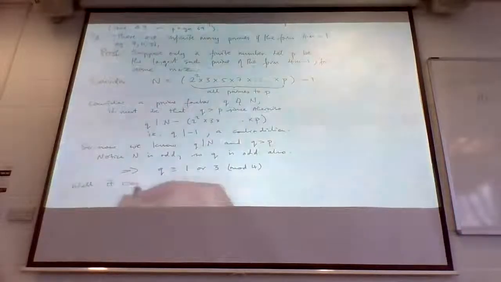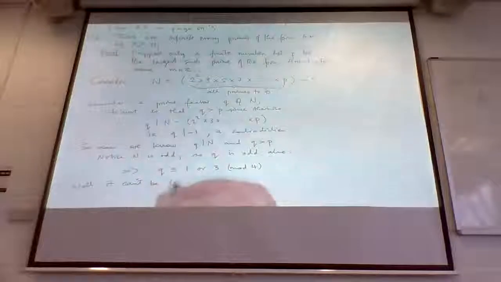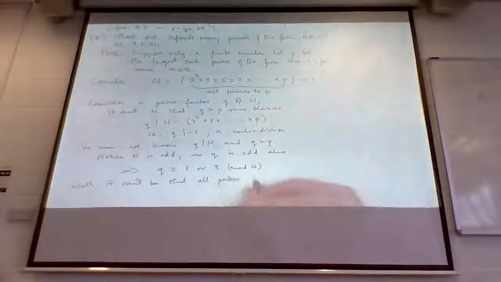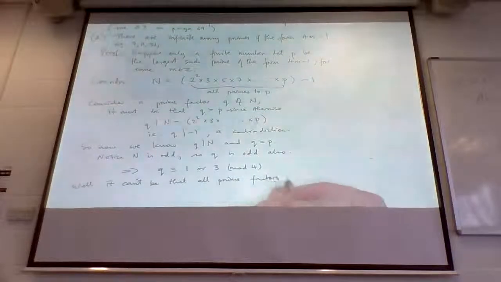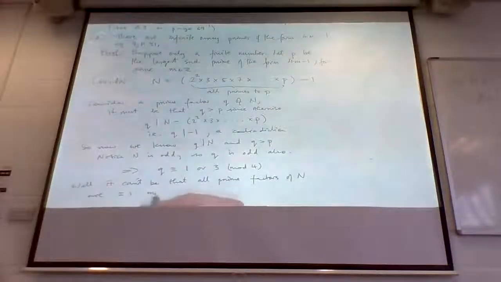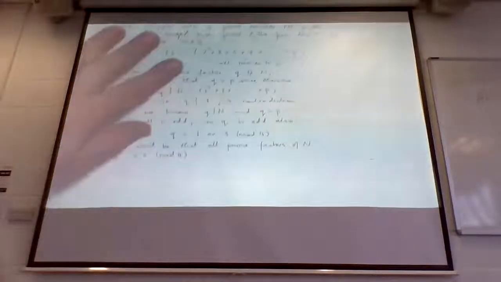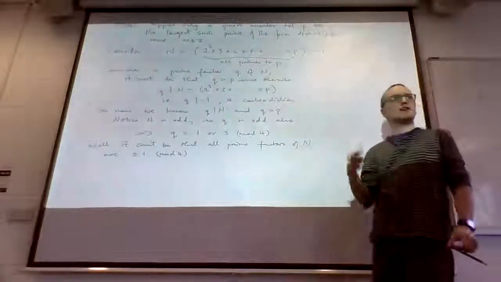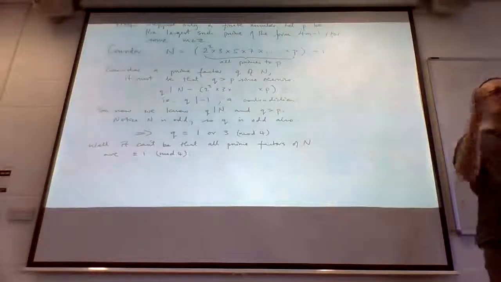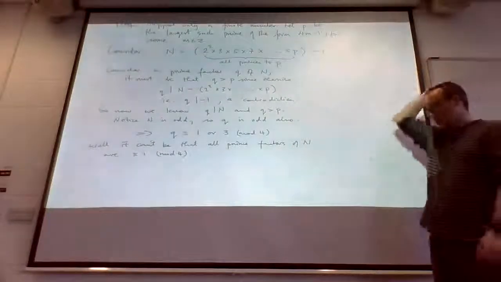So what we say is, it can't be that all the prime factors of n are congruent to 1 mod 4. Why is that so? See, n is the product of its prime factors, with multiplicity if some primes divide it a number of times.